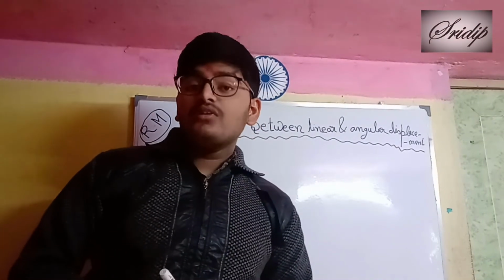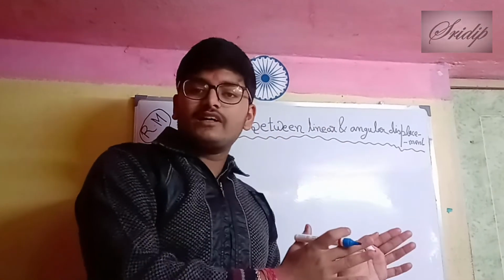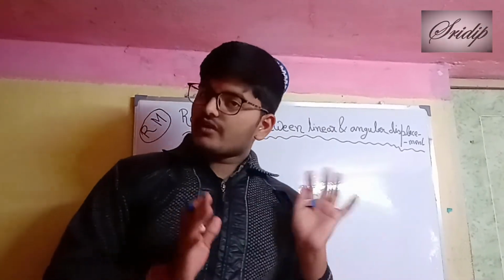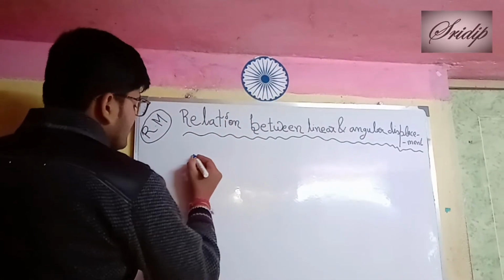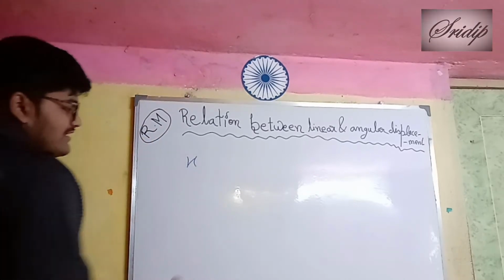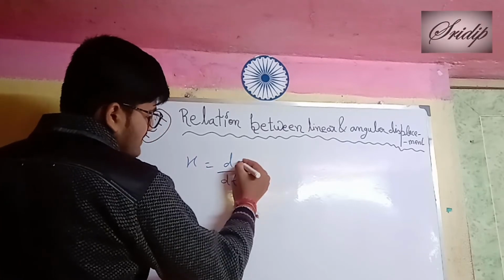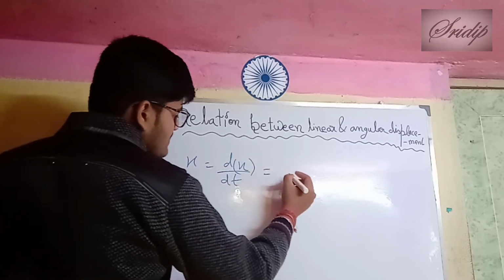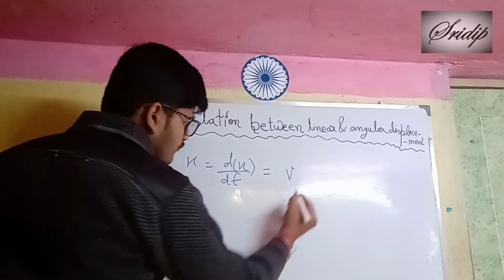For angular velocity, we will be comparing these angular terms with the linear terms, which we are used to. We know that if x gives the distance covered by a particle, then d/dt of x gives us velocity, the linear velocity v.